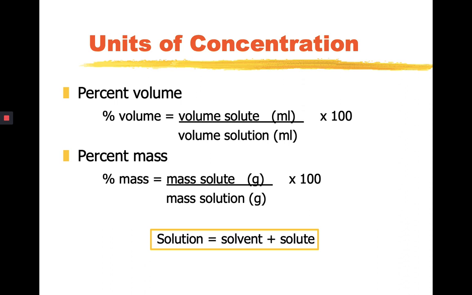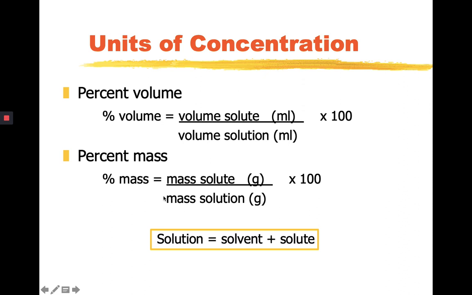Now we start with the basic ones, in terms of percent. When you get the percentage of something, we just have to get the contributing value as our numerator. In this case, it is our solute, over the value of the system.